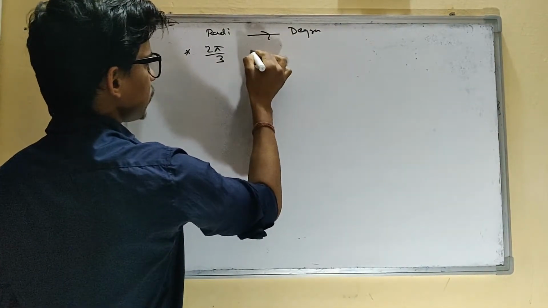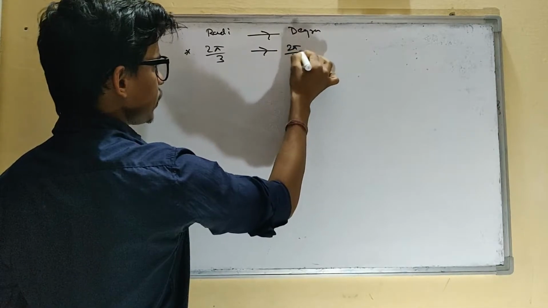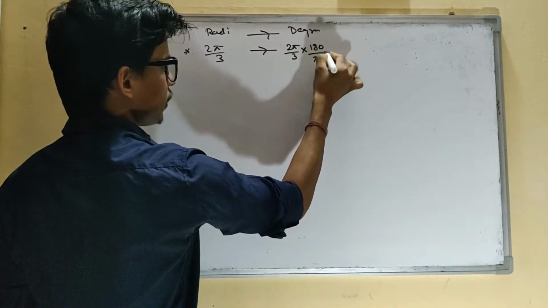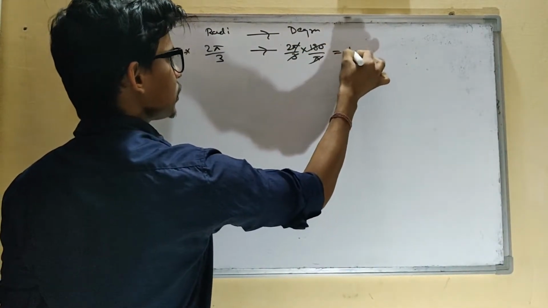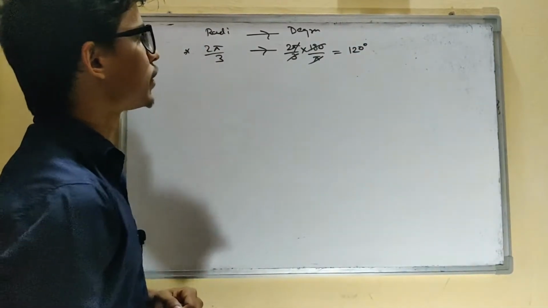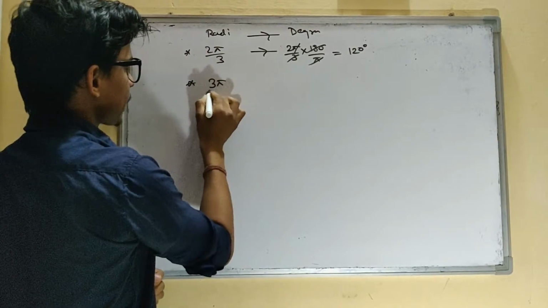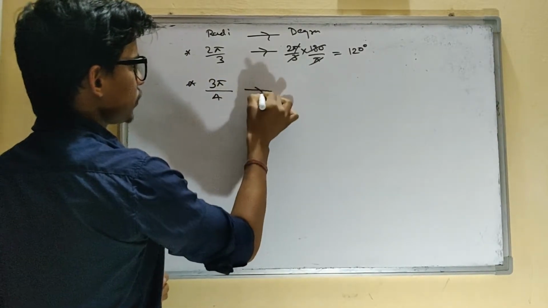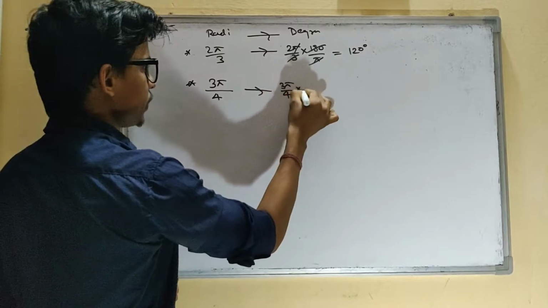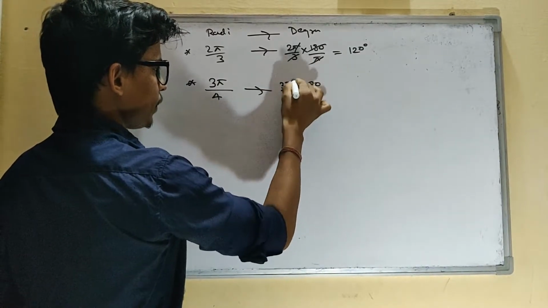You just multiply 2 pi by 3 with 180 by pi. Pi cancels, 360 by 3, 120 degree, right? So they are very simple. 3 pi by, let's say 4. So if you do this, 3 pi by 4 multiplied with 180 by pi.